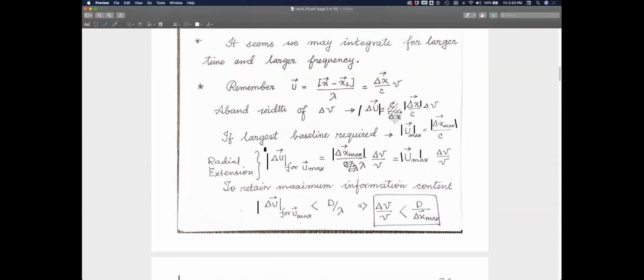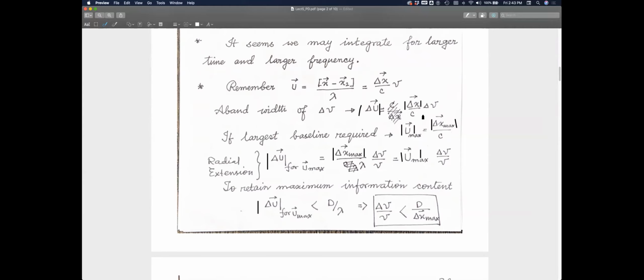All right. So that gives me a radial extension. To ask the question what is the maximum radial extension possible, you can show that that will happen for the maximum baseline that you have. Simply because this delta x is fixed and delta x max is also fixed. If you are working with GMRT, delta x max is 25 kilometer.